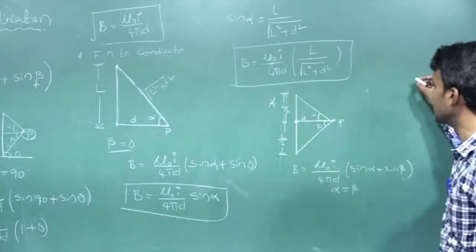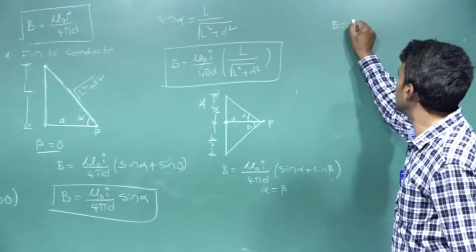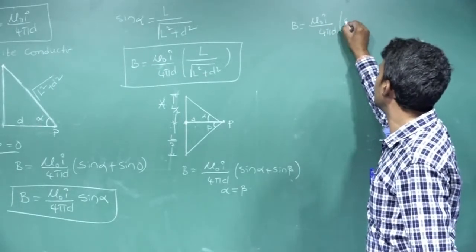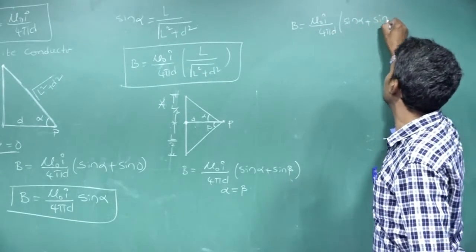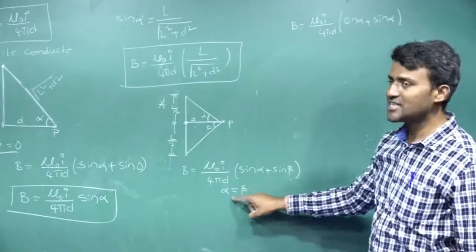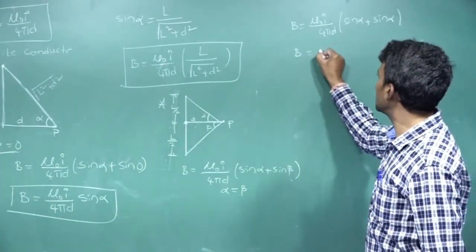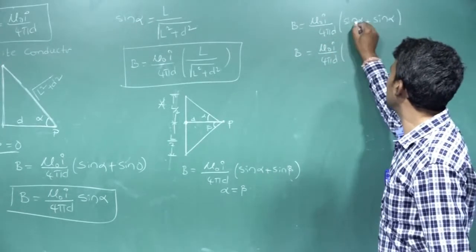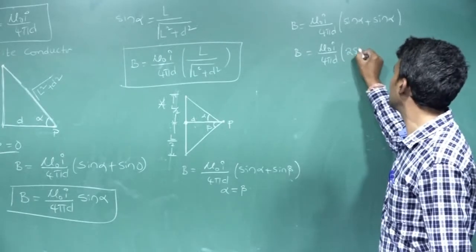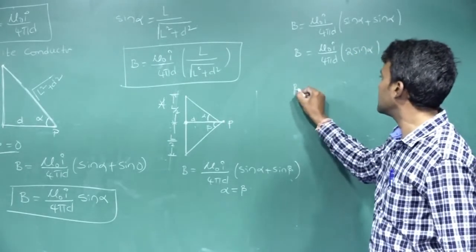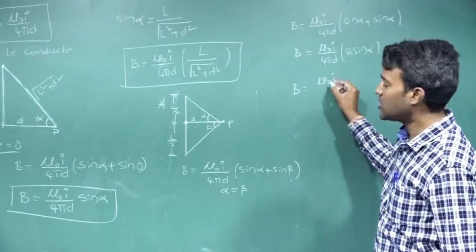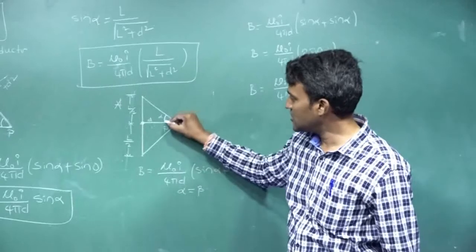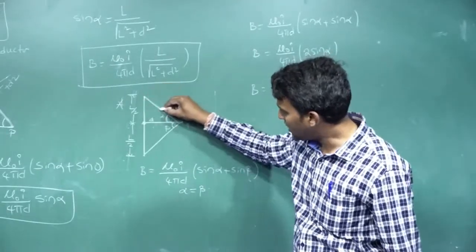Writing beta as alpha, B is equal to mu naught I divided by 4 pi d, sin alpha plus sin alpha, which is 2 sin alpha. Now, what is sin alpha? It is opposite side by hypotenuse.